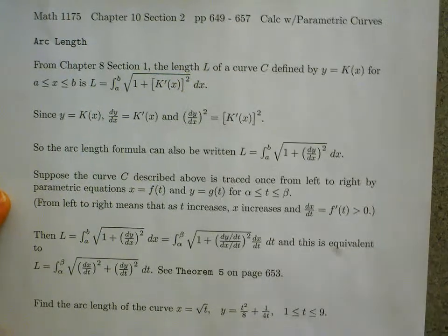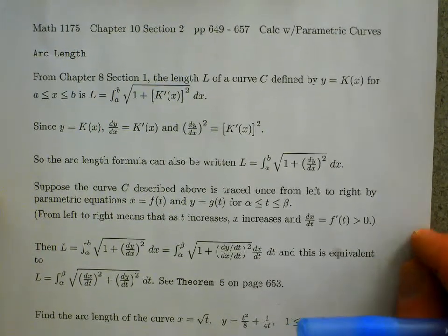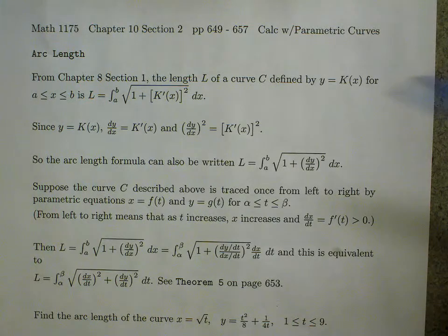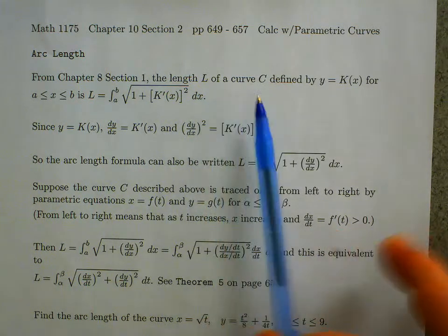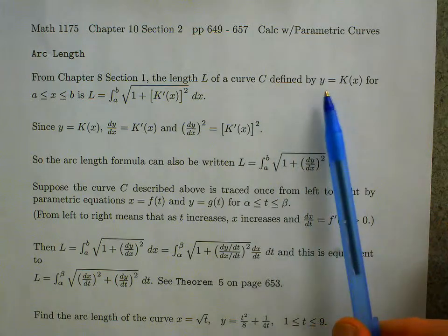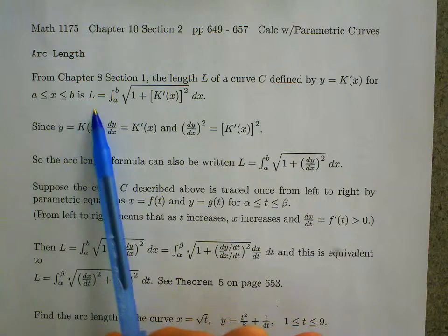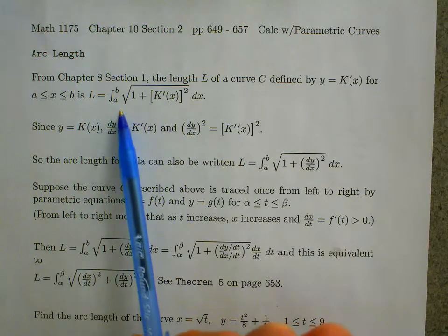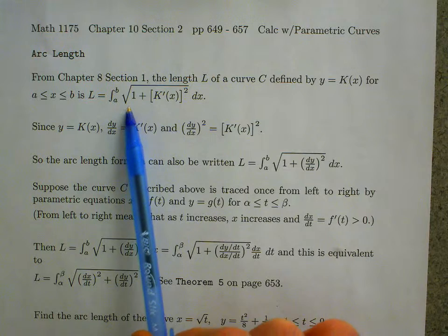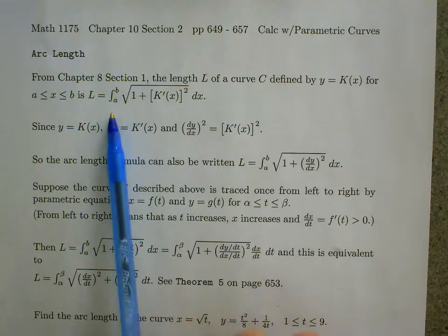Okay, the next part, arc length. From chapter 8, section 1, the length, capital L, of a curve C defined by y equals k of x for values of x between a and b is L equal to the definite integral of the square root of 1 plus k prime of x squared from a to b.